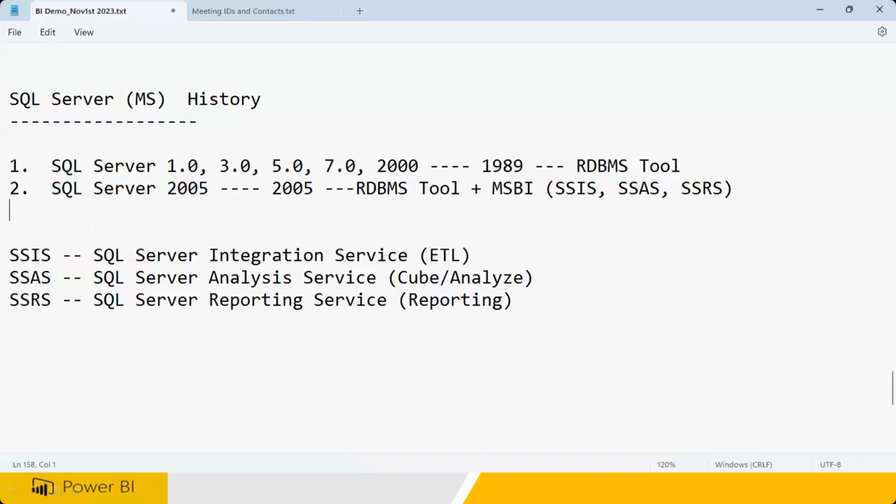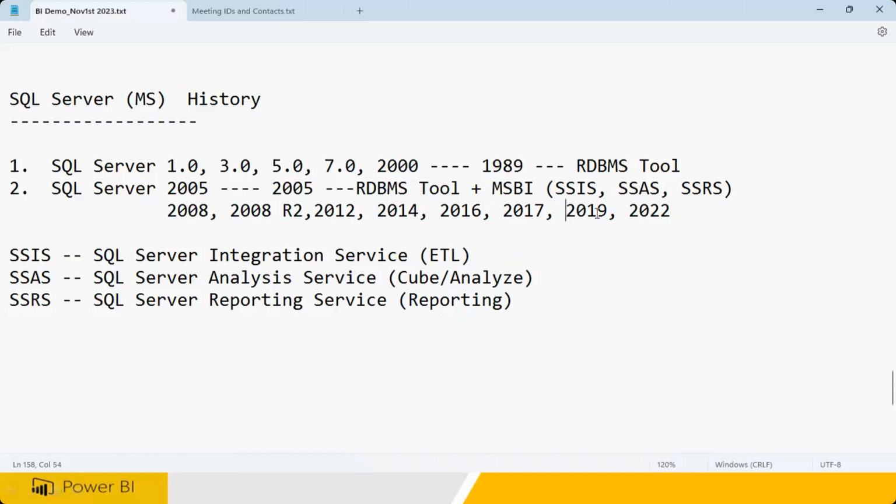Now a lot of versions got released. Next version 2008, 2008 R2 release 2. Next the 2012 version, 2014, 2016, 2017, 2019, and the current version is 2022.